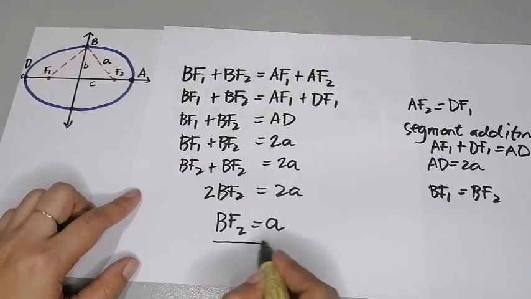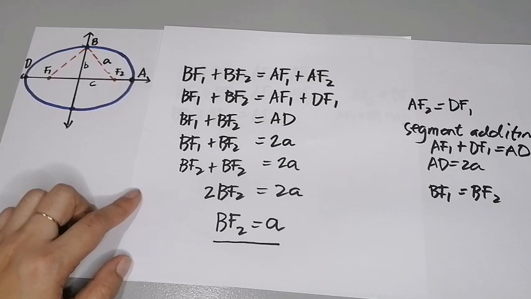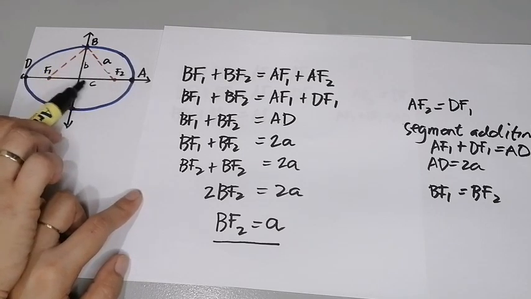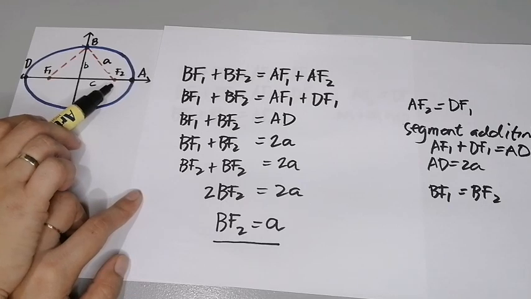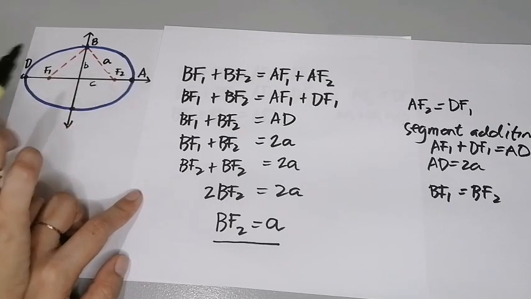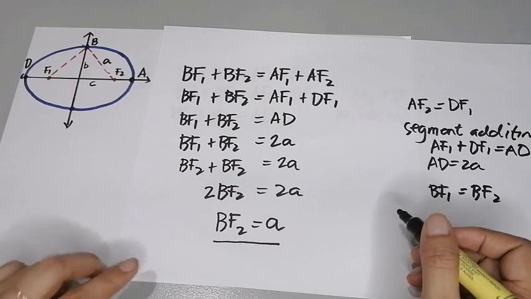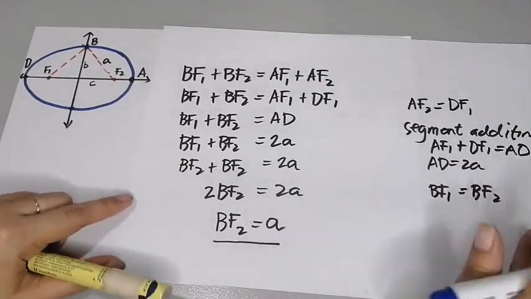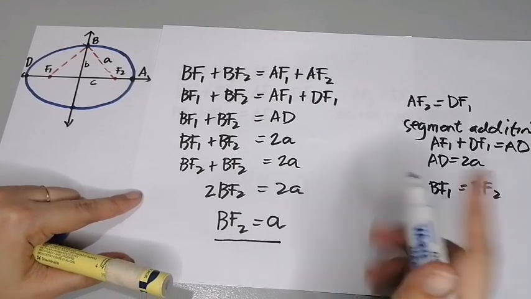Since BF sub 2 is equal to A, and triangle BCF sub 2 is obviously a right triangle, what conclusion can we draw from here?